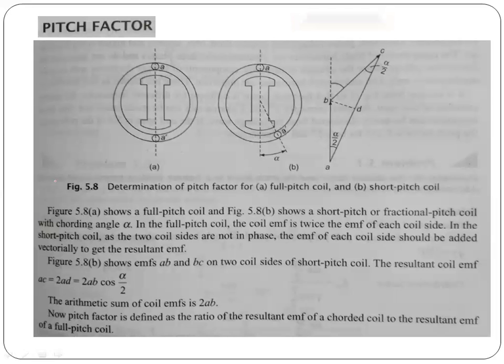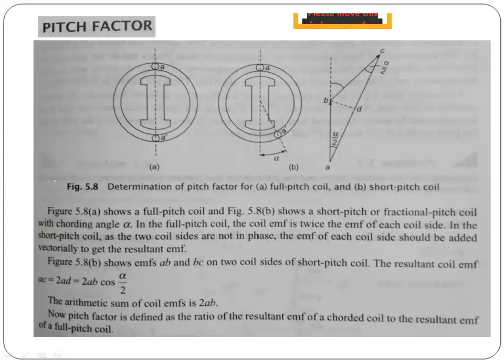Next one is pitch factor. The figure shows a full pitch coil, denoted by figure A, and figure B shows the short pitch or fractional pitch coil with chording angle alpha.